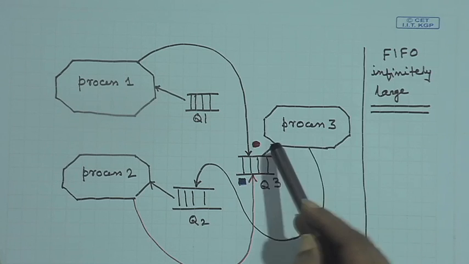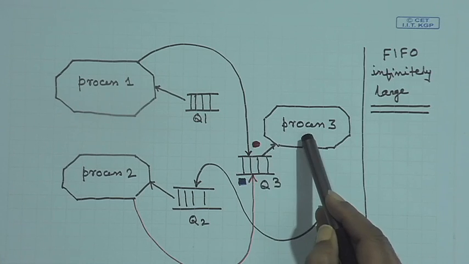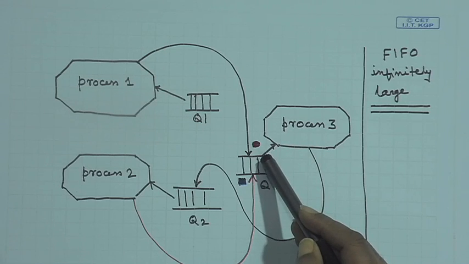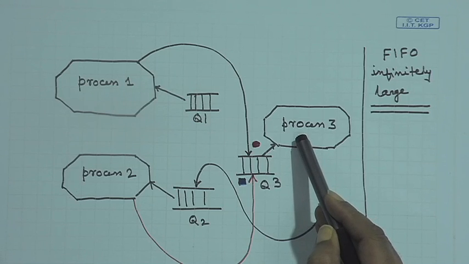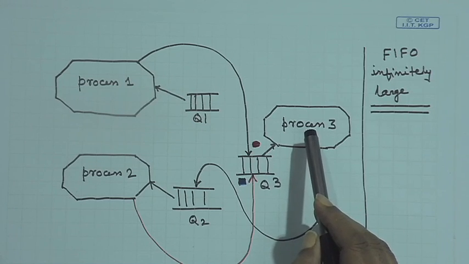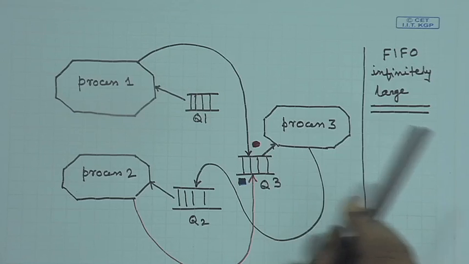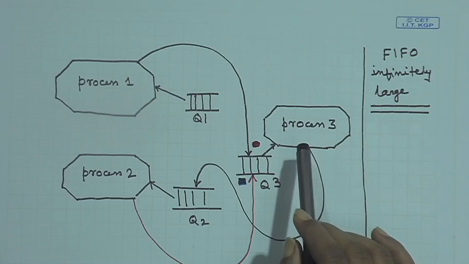Accordingly, this process 3 will consume from this and take actions. Now, whether this consumption will be circle consumption or square consumption is not known. That is the point of non-determinate behavior in SDL.